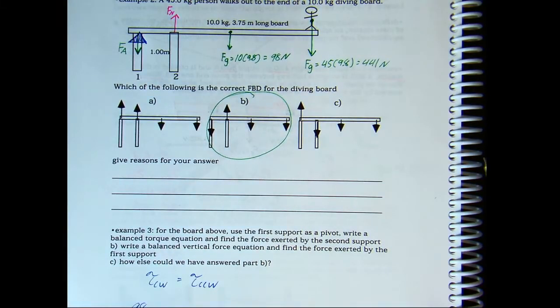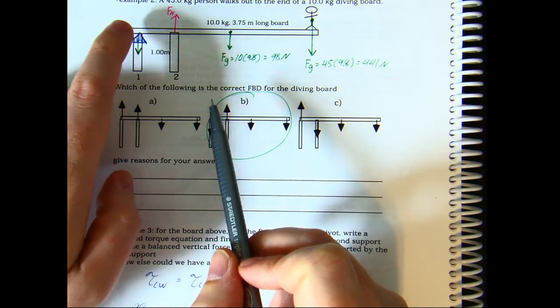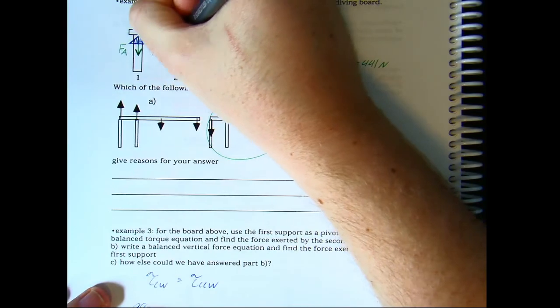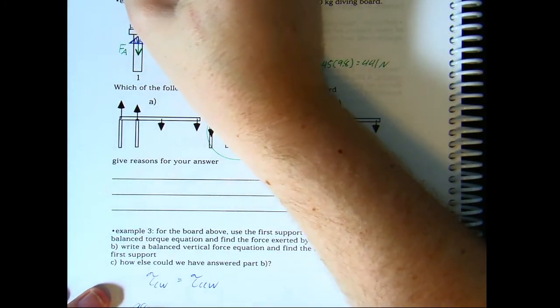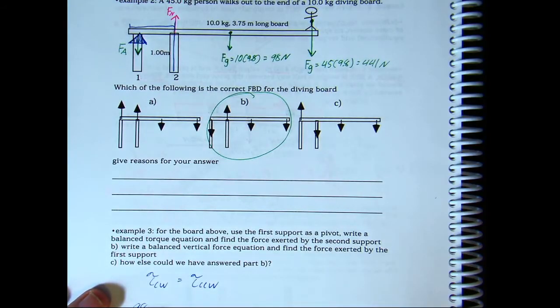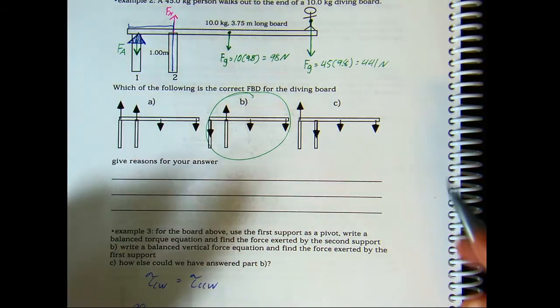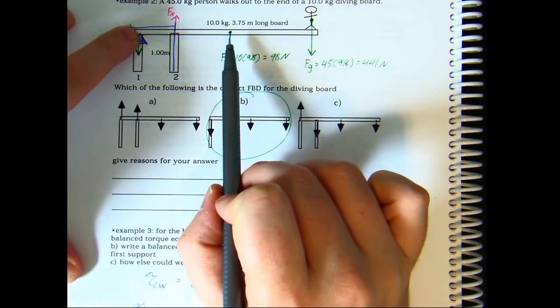Do we know the distance here? Yeah, this particular support is acting on, we're told that there's a 1 meter distance here. This pivot is 1 meter from the end here. So we need the distance from the pivot at the end to here.